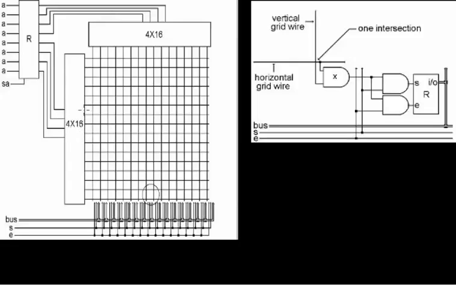Suppose this one controls the 16 wires in the horizontal grid, so at any time only one of these 16 wires will be on, and that's also true for the vertical wires. Where the on horizontal and vertical wires intersect is the bit we are actually interested in, and that will have the register on, and we'll talk about that in a few minutes.